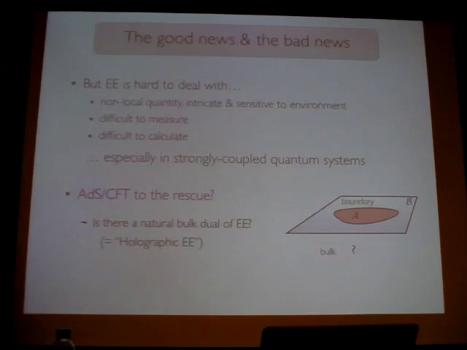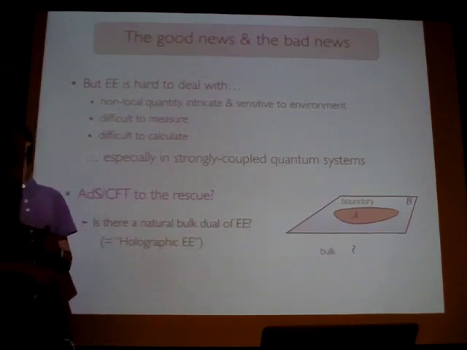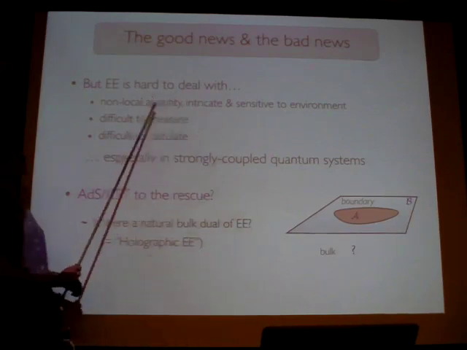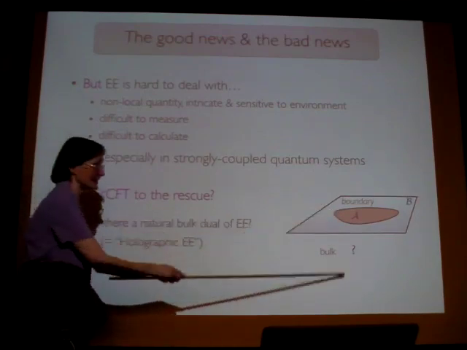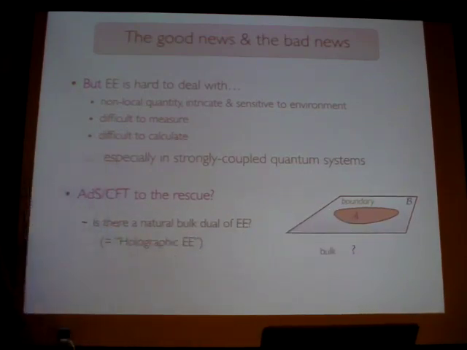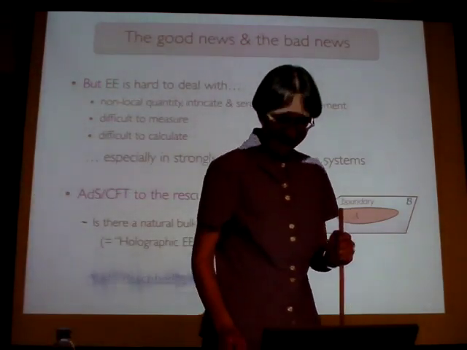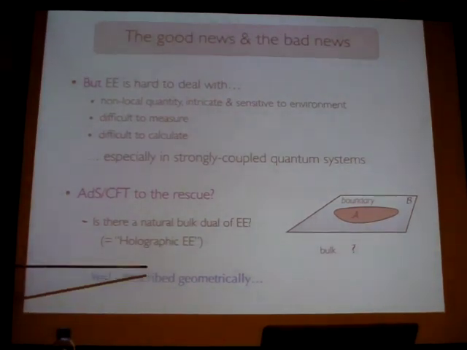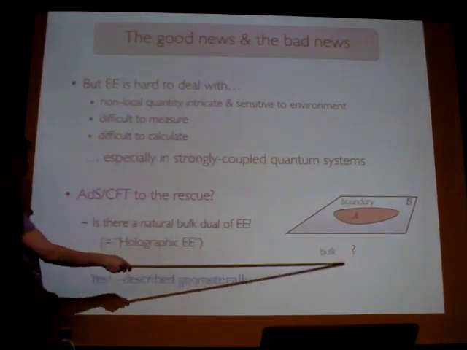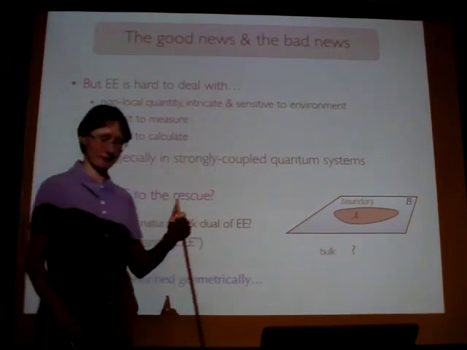Now, a priori, this might seem like quite a daunting task because you're asking for some very complicated quantity and parsing it through this highly intricate and non-local mapping. So a priori that seems completely hopeless, but the miracle is that the answer is yes. It is not only described in the bulk geometrically, but in a very simple way.